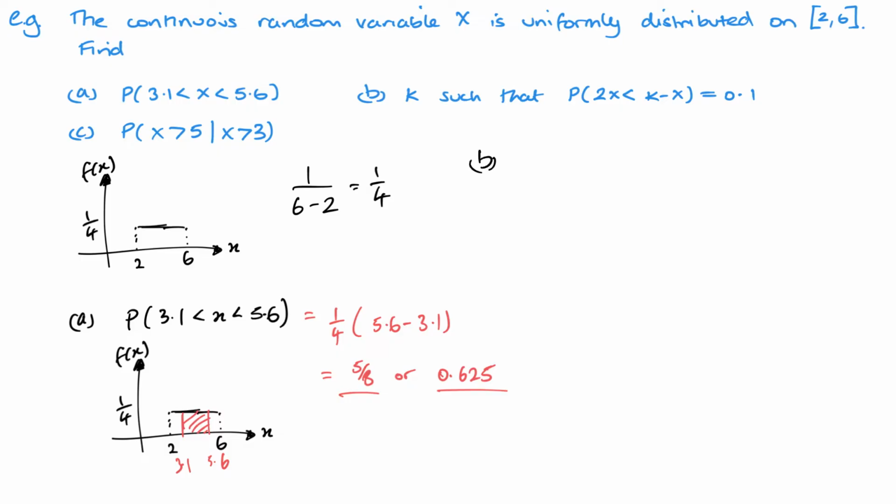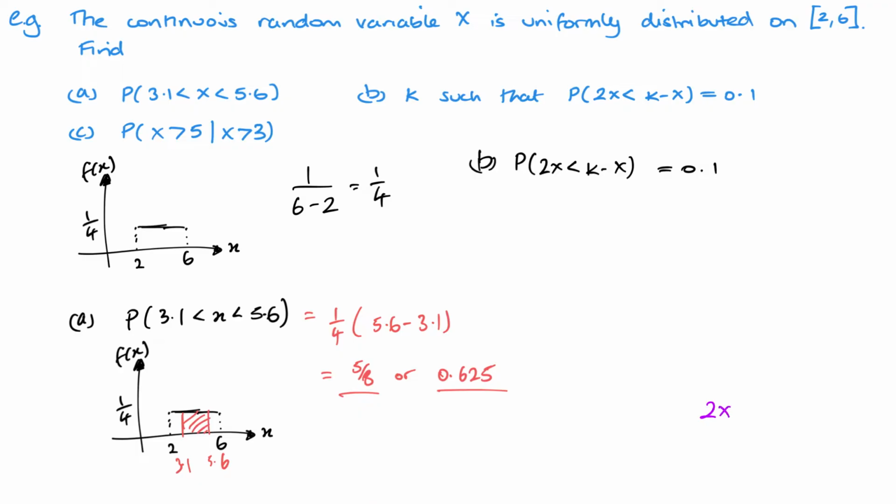Let's have a look at part B. So here we have the probability that 2x is less than k minus x, and we know that this is going to be equal to 0.1. So the first thing I want to look at is the inside here. I'm going to do that over on the side, and I'll change the colour to purple just out of the way.